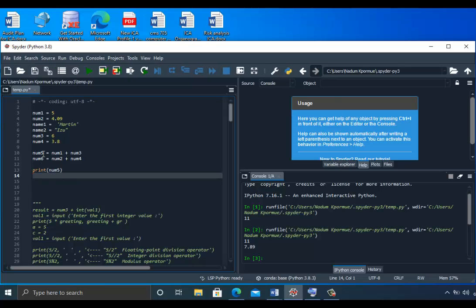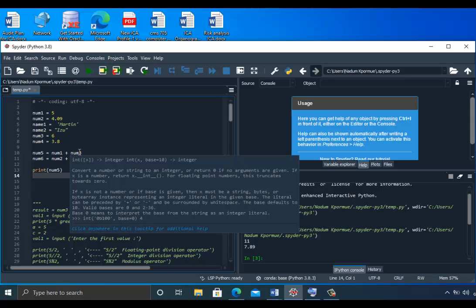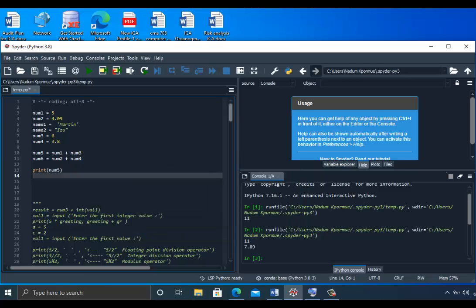Now take note, if I do something of this nature, if I take off this, then instead of adding two integers together, I want to add a floating point and an integer. Okay, I change this to num4. Let me take off this. So num4 is 3.8, while num1 is an integer.